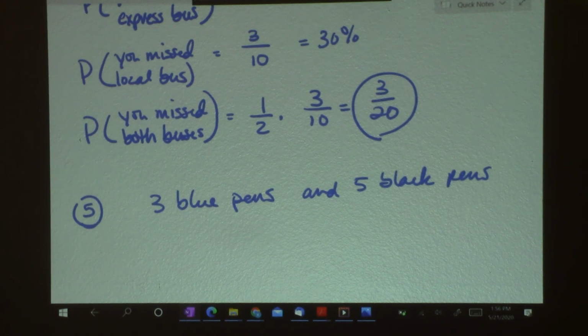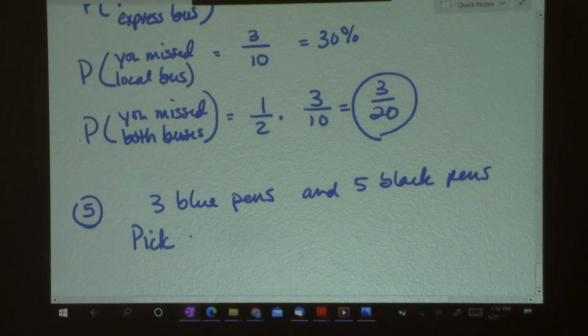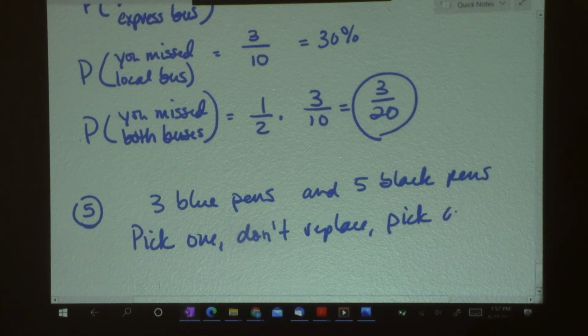What is the probability that both pens are blue? Okay, so pick one. Don't replace. Pick another. And they're both blue.